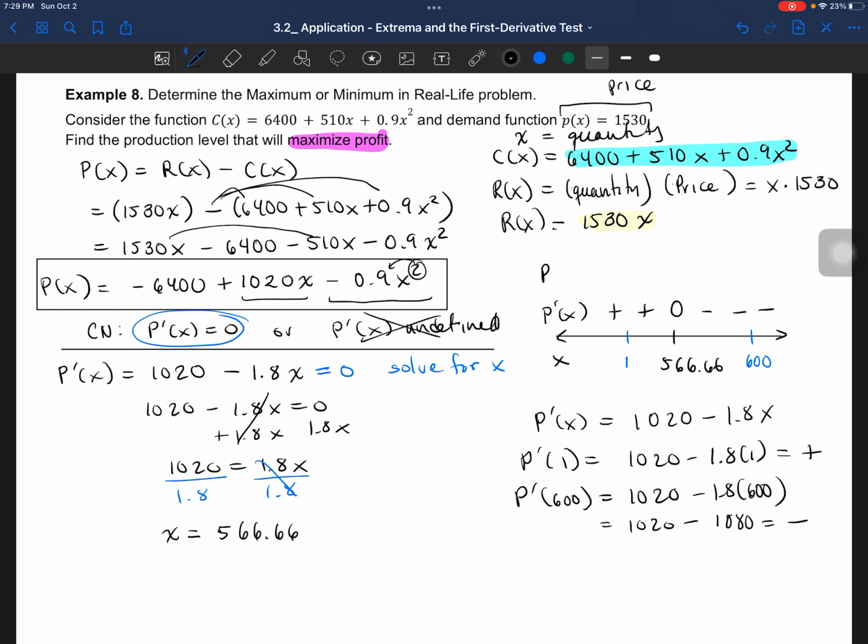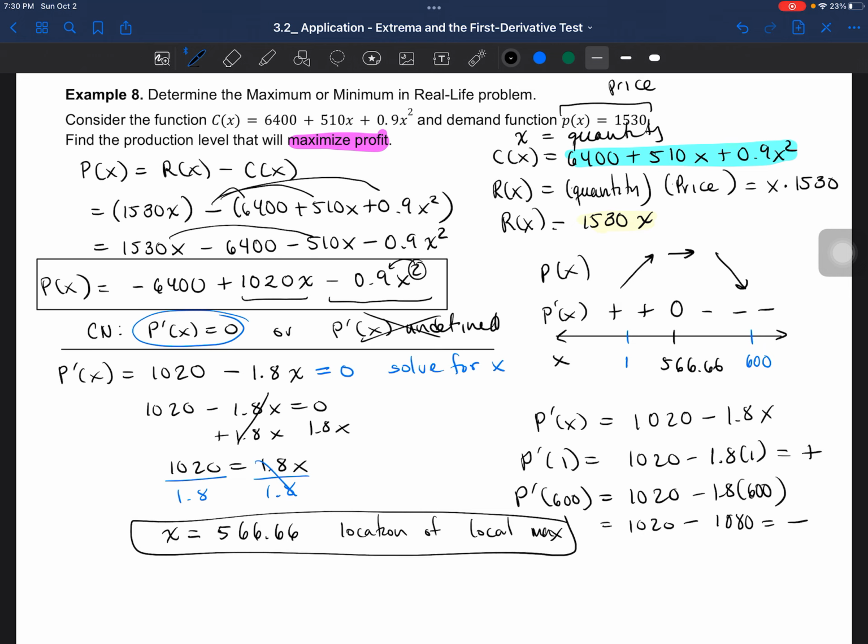There you go. So what do we know? That the profit function is actually increasing, then it becomes horizontal, and then decreases, right? So what do we know? This gives us the location of a local max.